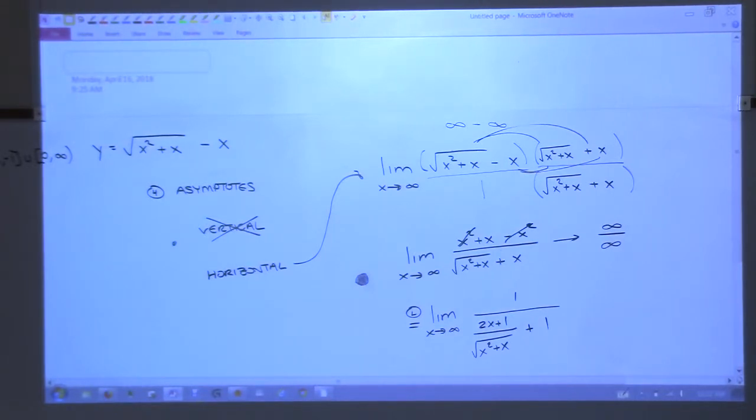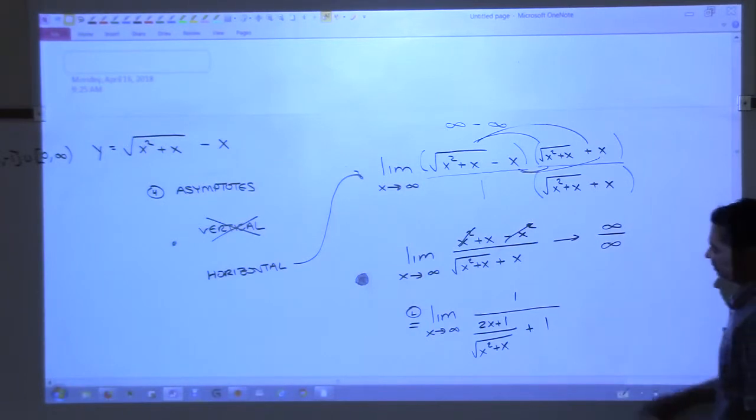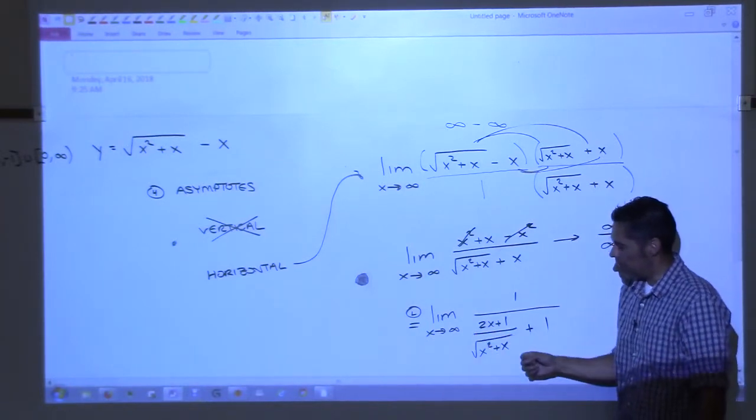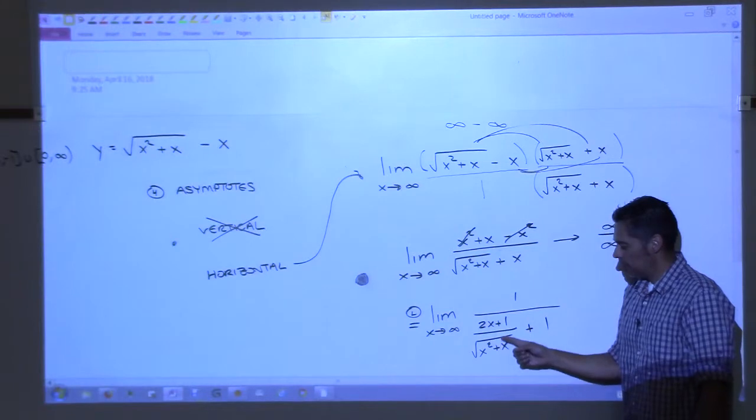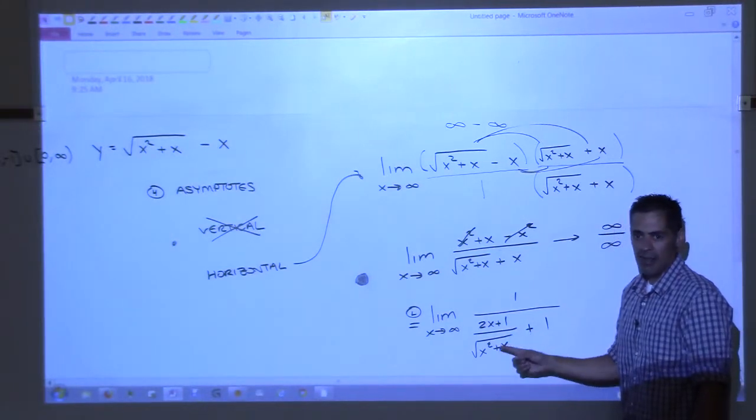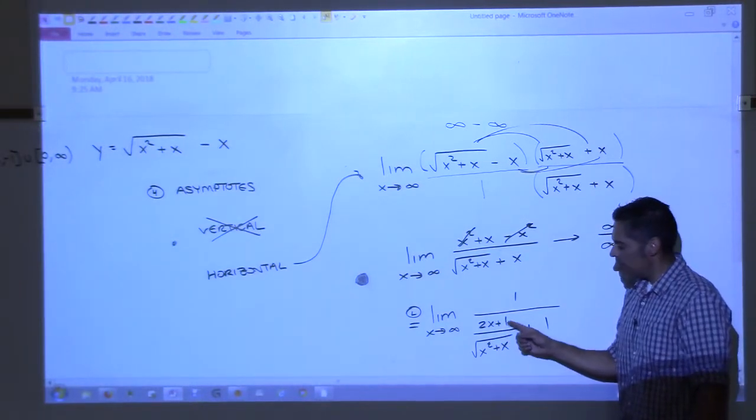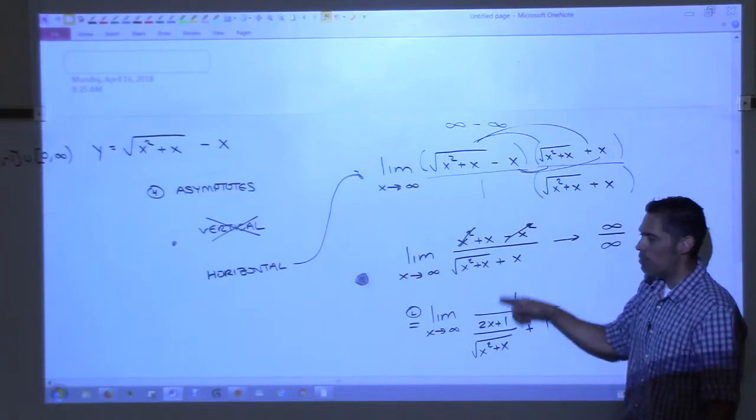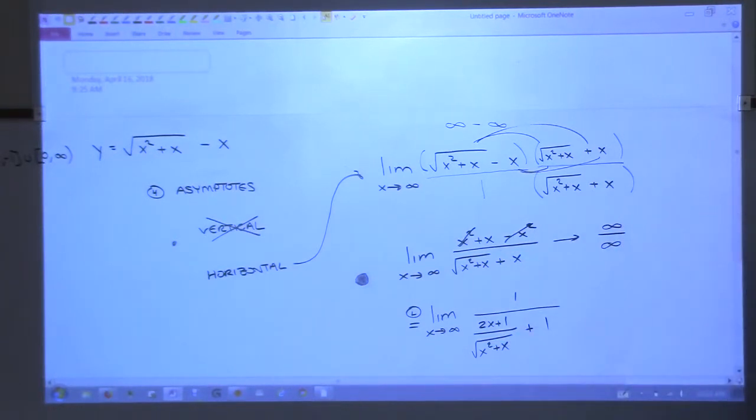Did that help? Let x go to infinity again. Infinity over infinity again. Not only that, doesn't this actually look a little worse than what we started with? I don't know. Should we not continue? What do y'all want to do?